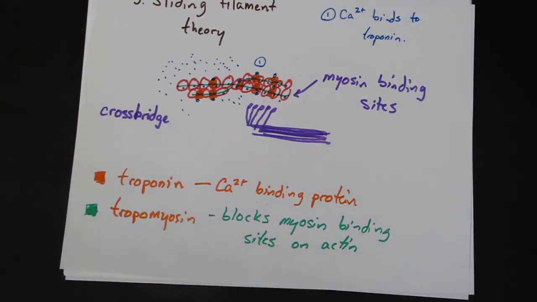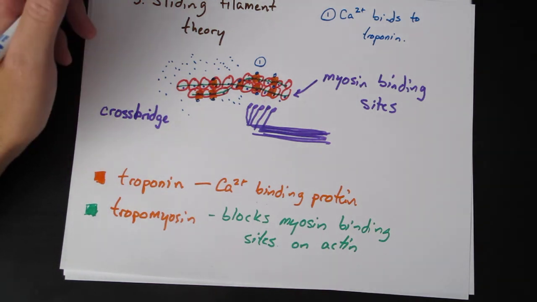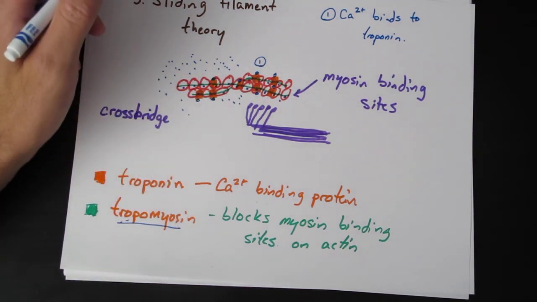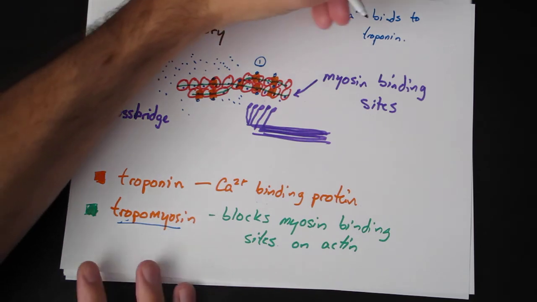Now, when calcium binds to troponin, it causes a change in the shape of the protein. And because troponin is bound to tropomyosin, it also causes a change in the shape of tropomyosin. In other words, we see a shift in the shape and the position of these proteins. And what happens is that tropomyosin is going to be moved out of the way of the myosin binding sites.